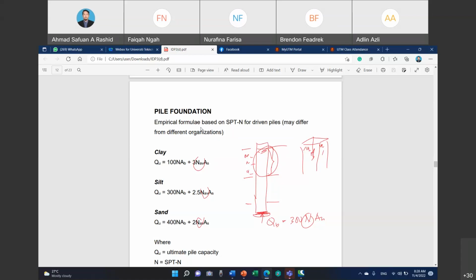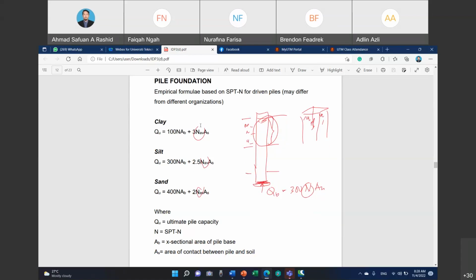Okay. So for pile foundation, either we can use the soil properties value, for example C and Phi, or we can use directly from the SPT N value. Okay. So sebab apa?